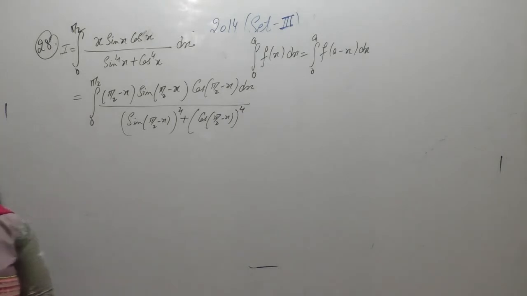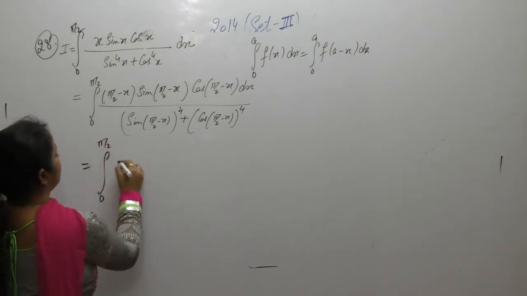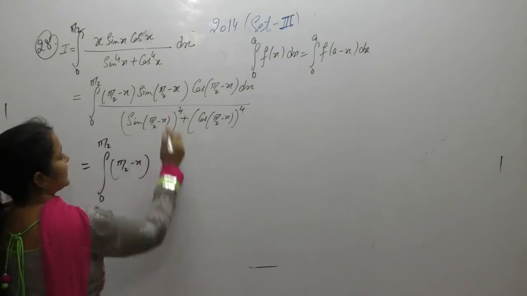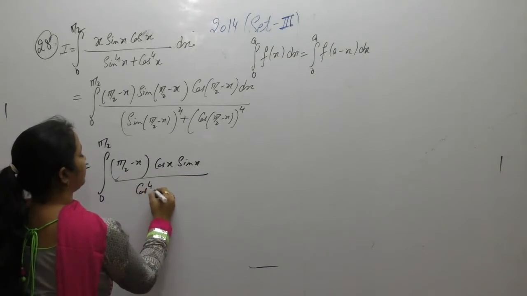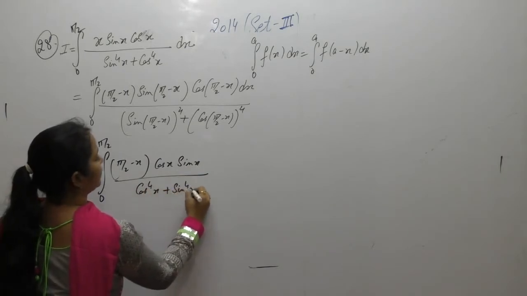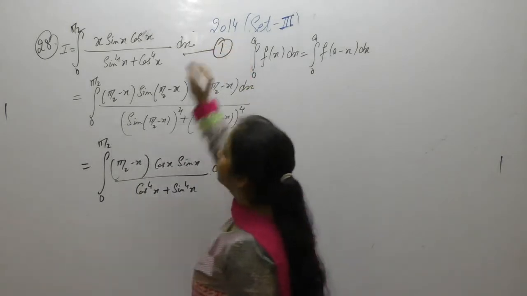We know that sin(90 minus theta) is cos and cos(90 minus theta) is sin. So we get (pi by 2 minus x) cos x sin x upon cos^4 x plus sin^4 x. Now let this equation be 2 and the first one be 1.